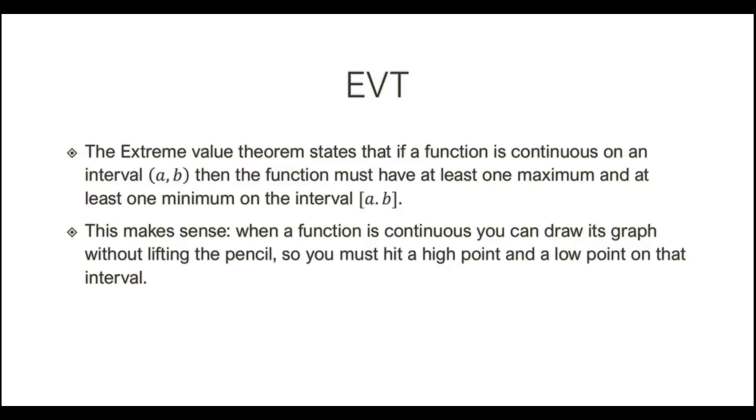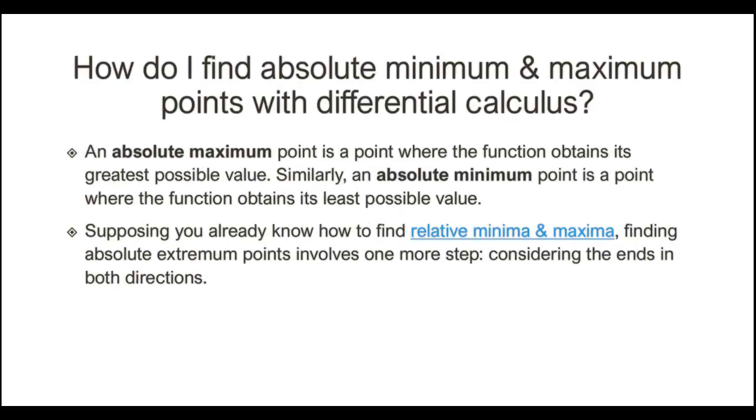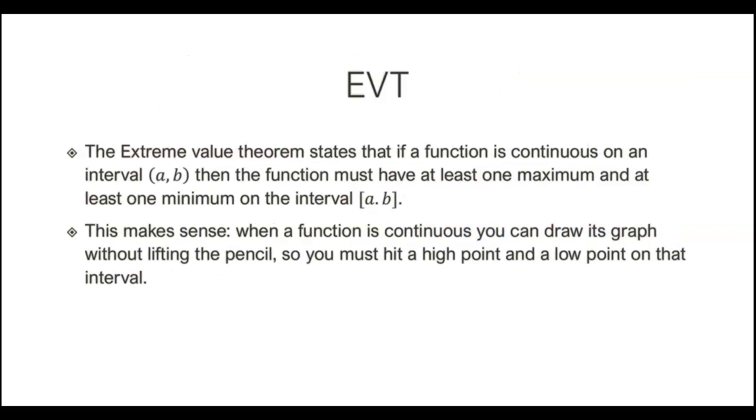The critical points come from where the derivative is equal to 0 or where it does not exist. So that's what makes EVT a little bit different. That's why differentiability is not necessary with EVT.